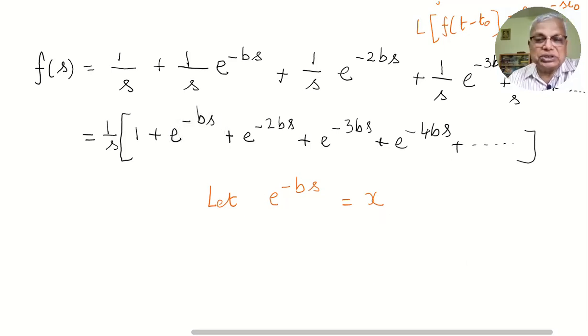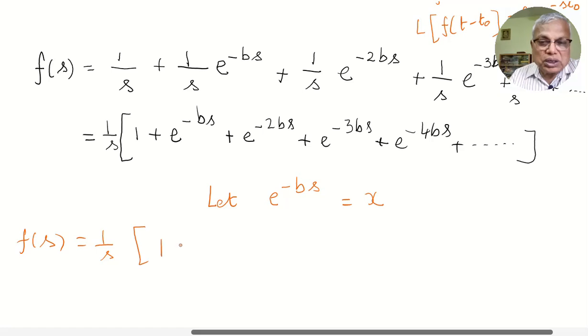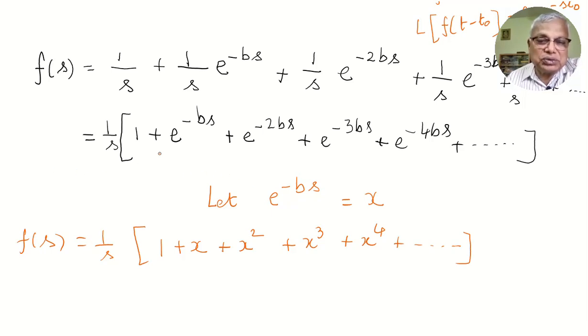Then what happens to this equation? You get F of s will be equal to 1 by s times 1 plus x plus x square plus x power 3 and so on.